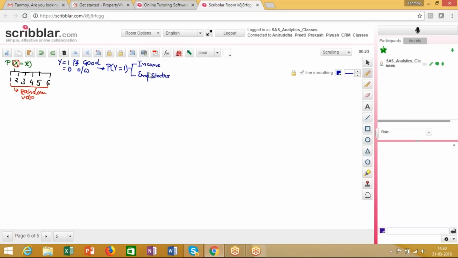There are a lot of different kinds of variables. Now, I can say that when the income of a borrower goes up by so and so percentage, the probability of y equals 1 goes up by so and so percentage. Looking into all these, I can frame a functional form which will relate the movements in income, employment status and other such variables to the probability of a borrower being good or bad.